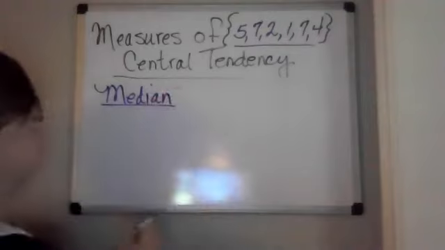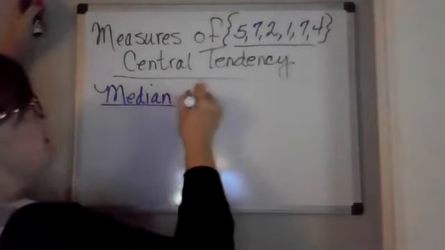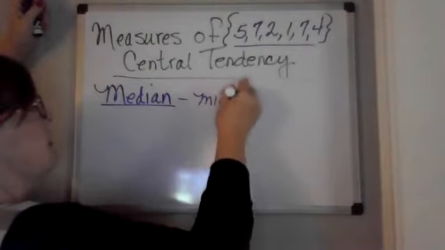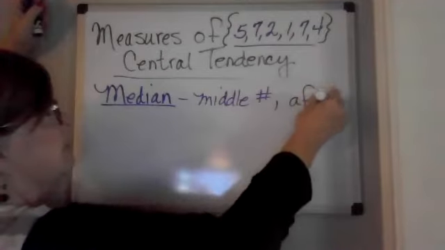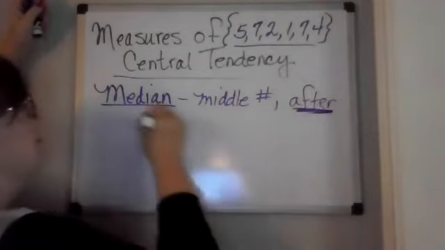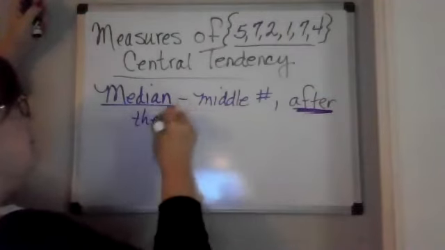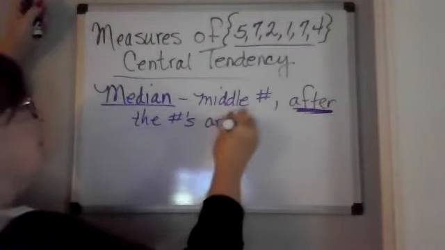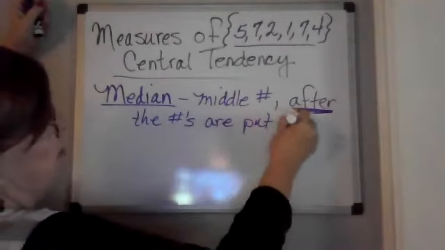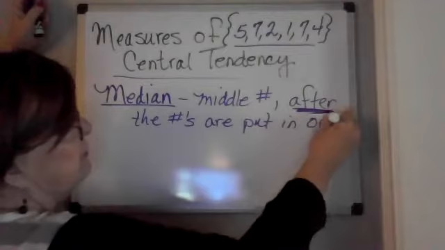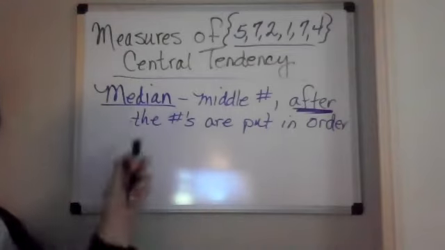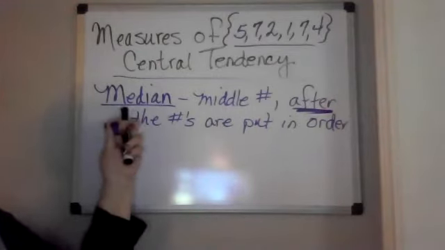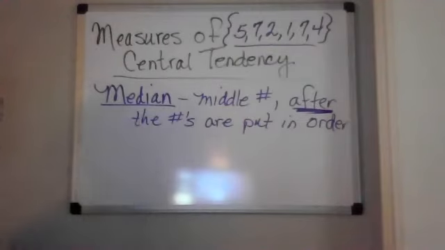On your notes where you put what the median is, it's the middle number after the numbers are put in order. Okay, very, very important on the median, very important that the numbers are in order. They must be in order to find the median.